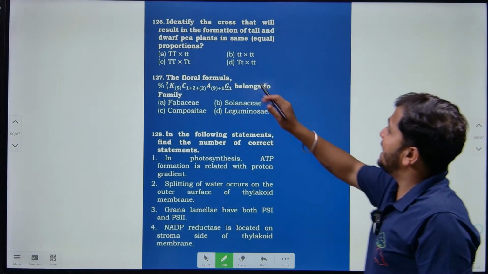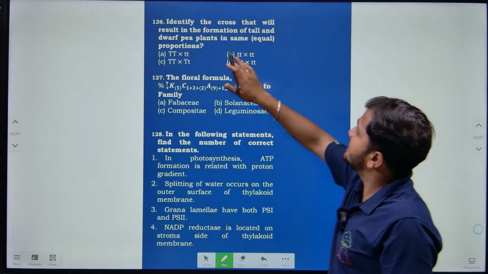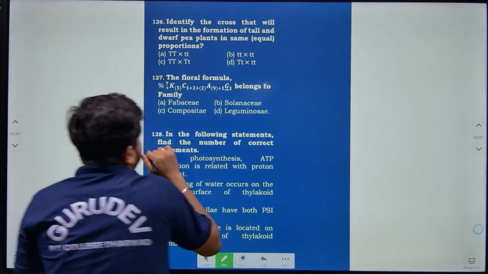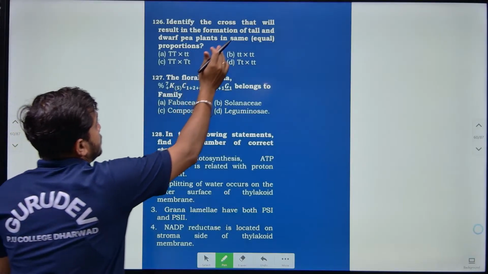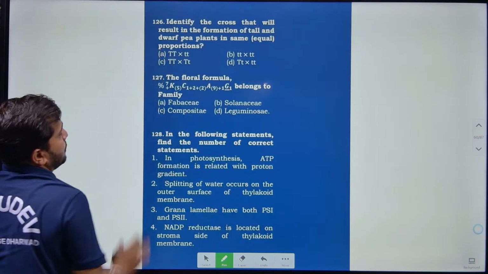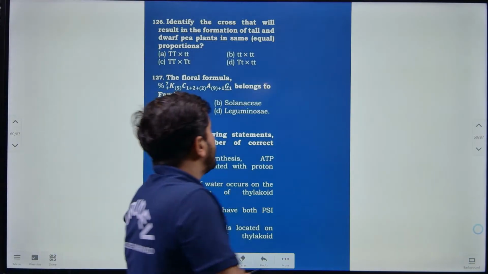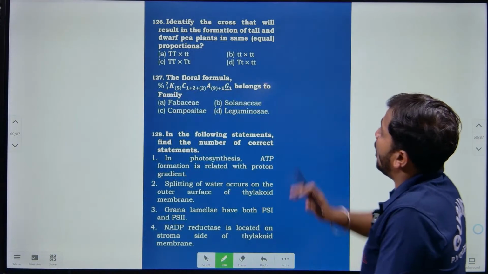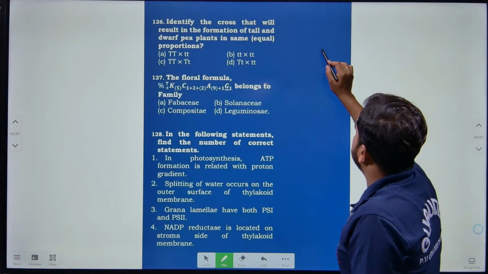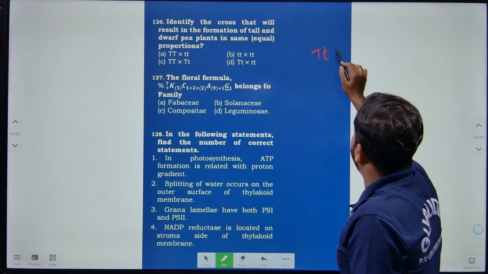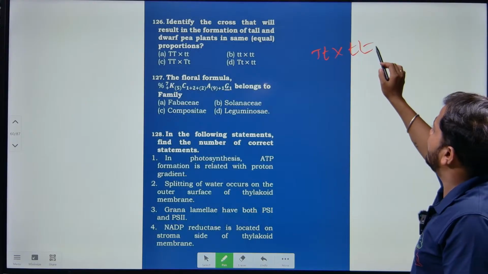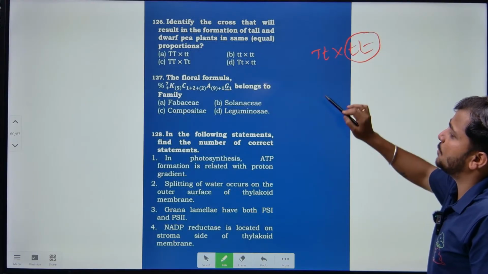Then identify the cross that will result in the formation of tall and dwarf pea plants in equal proportion. I will get tall and dwarf in equal proportion when I cross a heterozygous plant with a double recessive parent.